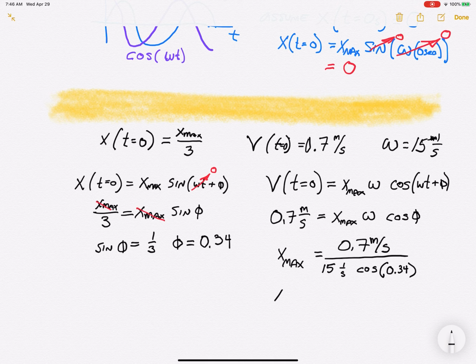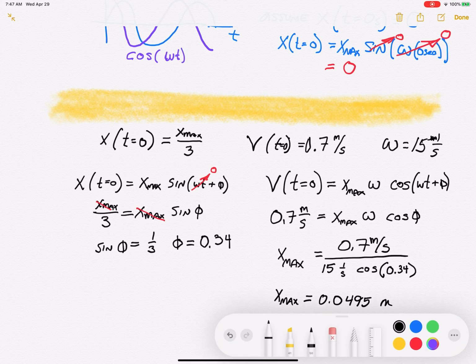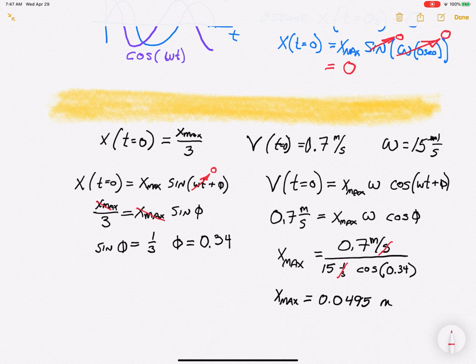And I get x max for the system being equal to 0.0495 meters. Notice that the 1/seconds cancels the 1/seconds unit-wise, leaving us just with meters for x max.